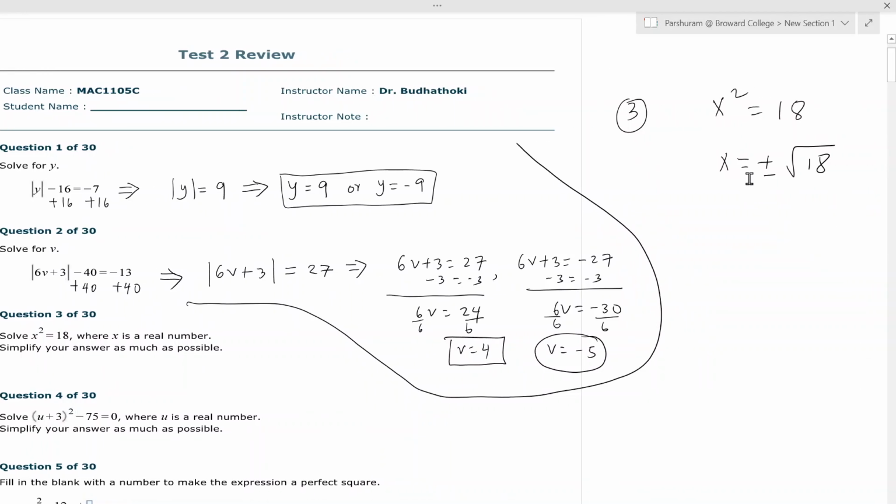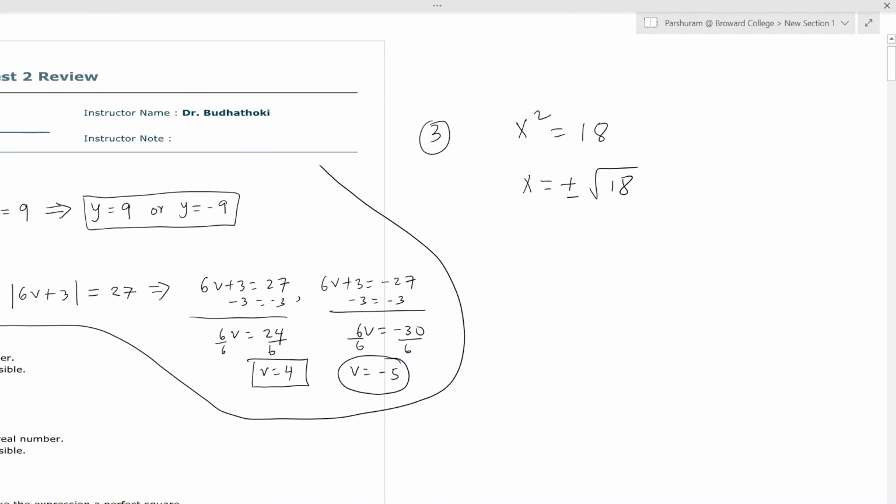So think about the prime factors of 18: 2 times 3 times 3, so I can write 2 times 3 squared, and in that way we can write square root of 2 times the square root of 3 squared.